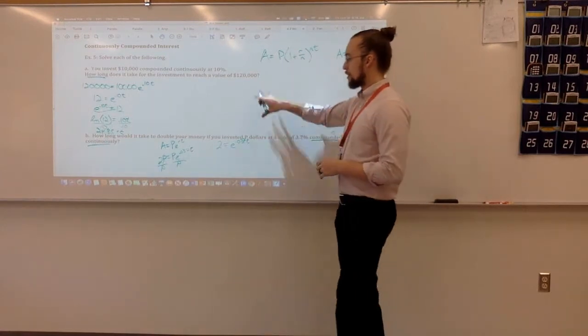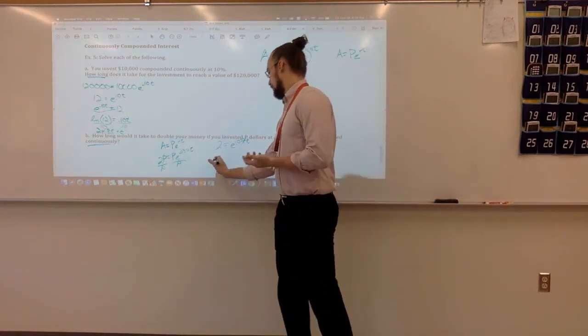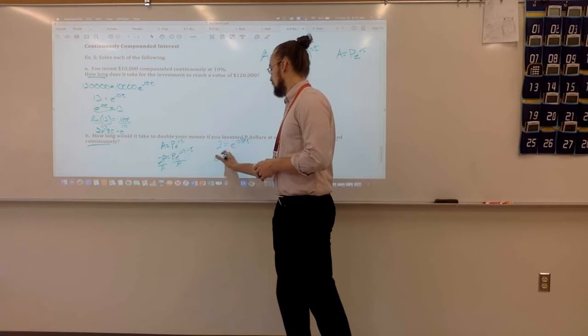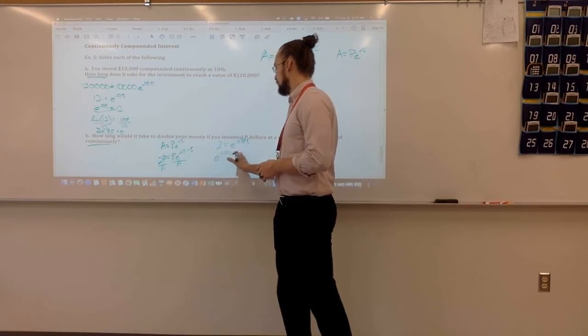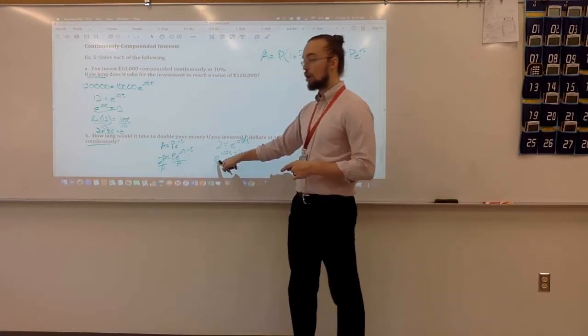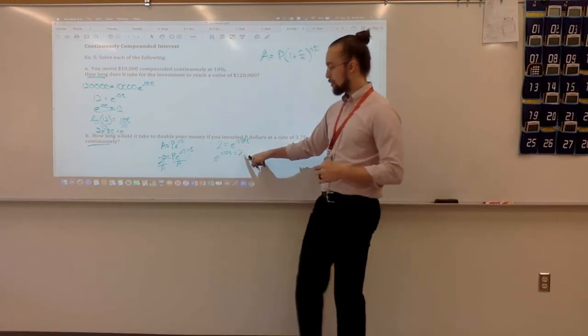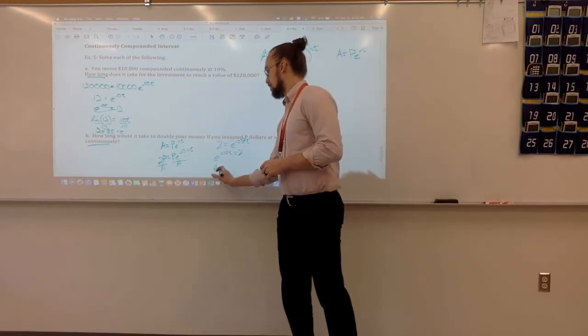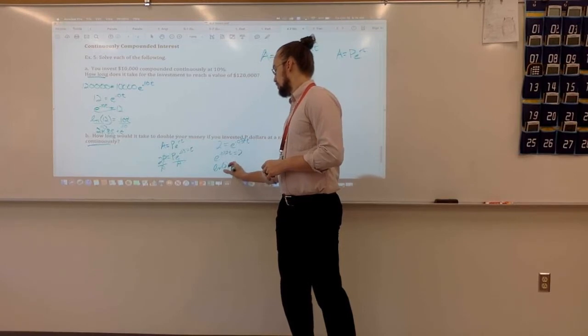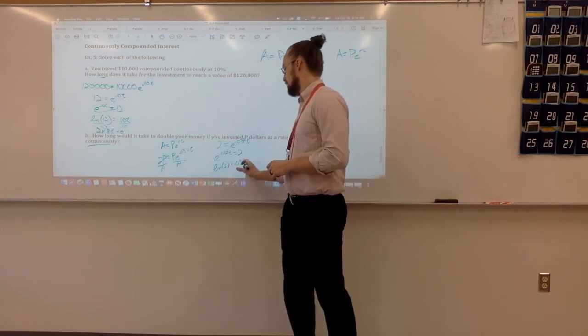Just like we did for the last example, if we want to see the lazy 7 a little bit better, we can flip this around. Then I'm going to say log base e of 2 equals 0.037t.